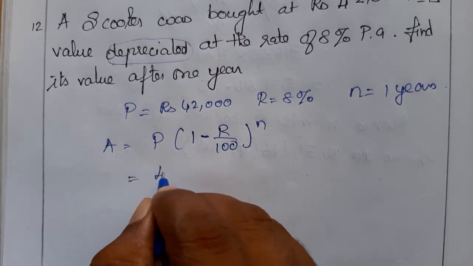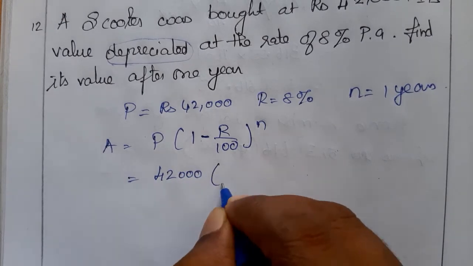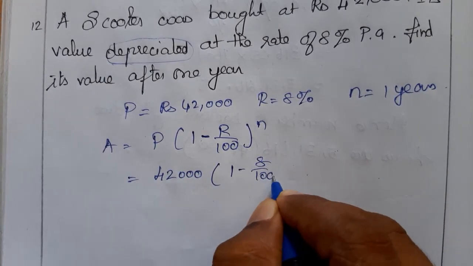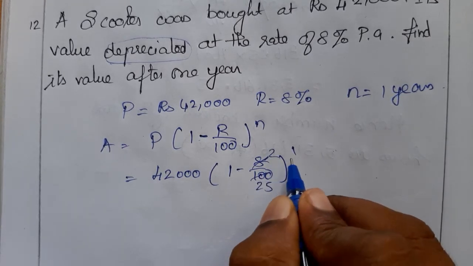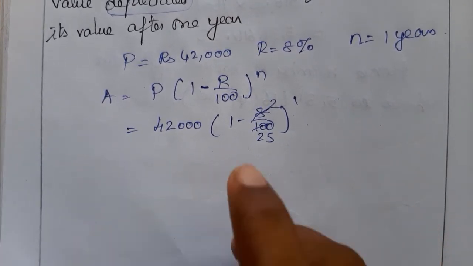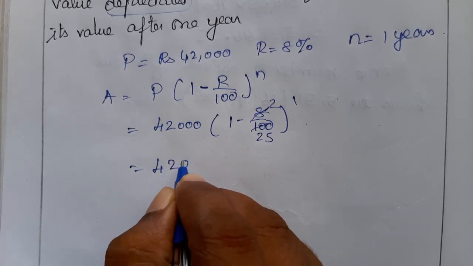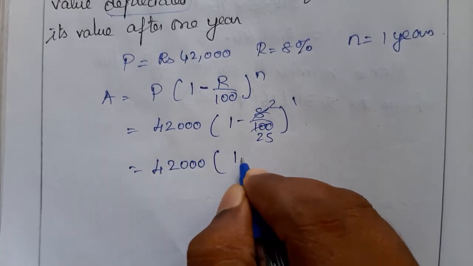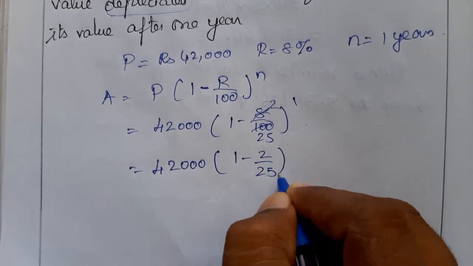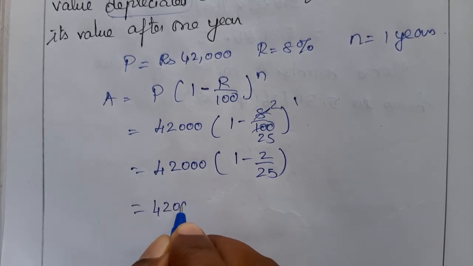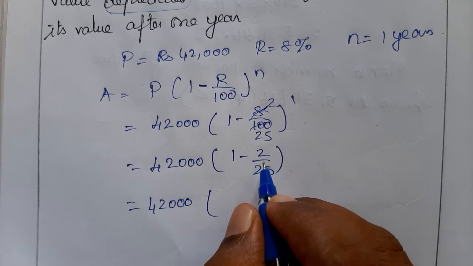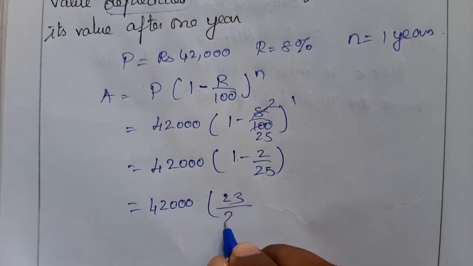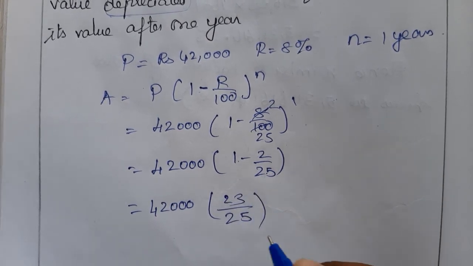So 42,000 into (1 minus 8 by 100) the whole power 1, and in the 4 table, 2 times 25 gives 8, and we can multiply by 1. So 42,000 into (1 minus 2 by 25), which is 42,000 into (25 minus 2) by 25, so 23 by 25.